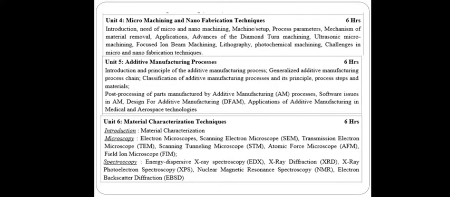The content of unit 5 is introduction and principle of additive manufacturing process, generalized additive manufacturing process chain, classification of additive manufacturing processes and their principle, process steps and materials, post processing of parts manufactured by additive manufacturing, software issues in additive manufacturing, and design for additive manufacturing. Also we will discuss the application of additive manufacturing in medical and aerospace technology.